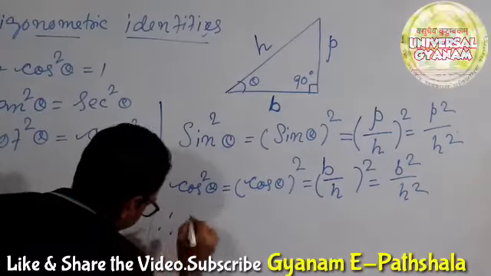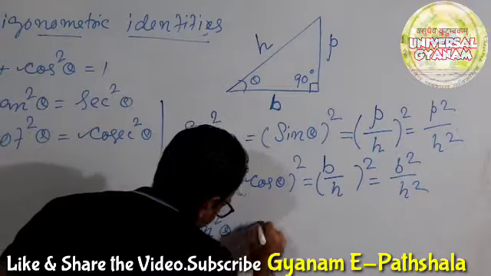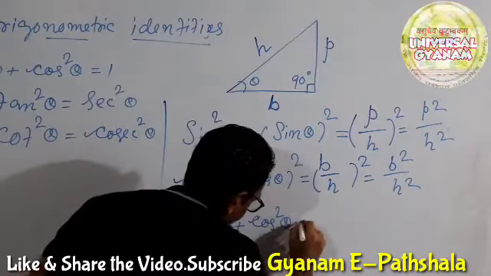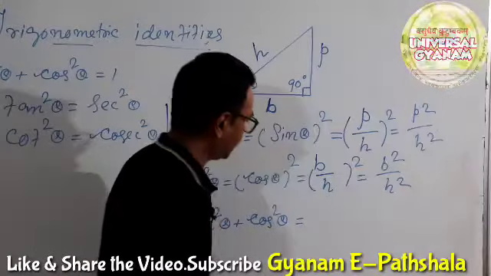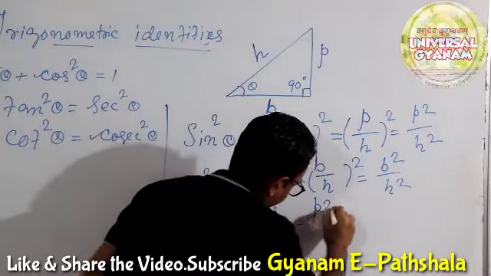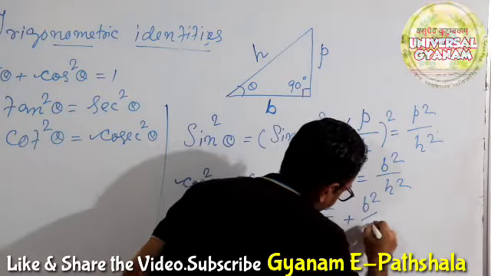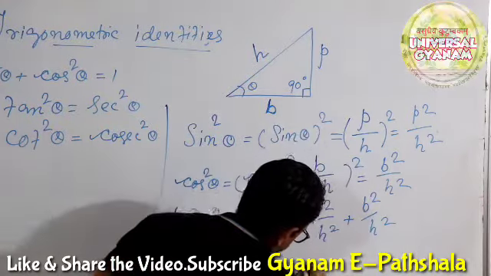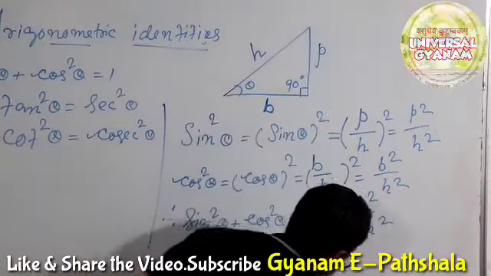Therefore, sine square theta plus cos square theta is equal to p square by h square plus b square by h square. Take LCM here, the lowest common multiple, h square.